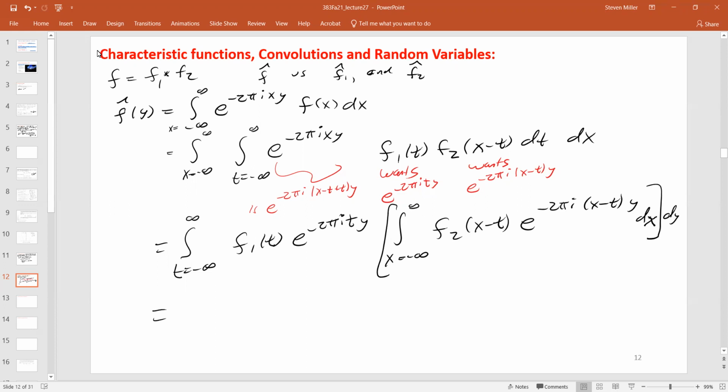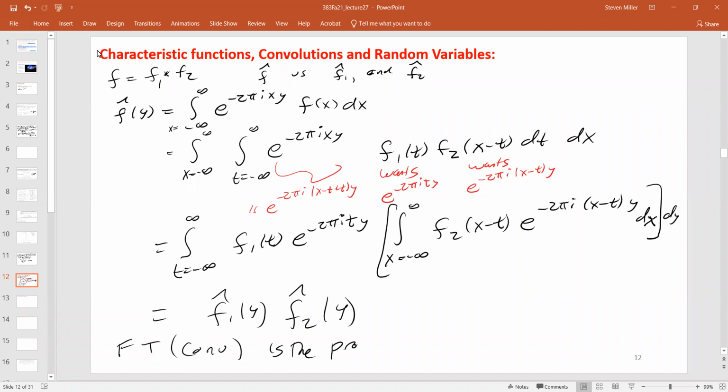What does the x integral give us? Yeah, f2 hat at what point? Nope, that's at y. You just change variables, let u equal x minus t. The second integral is just f2 hat at y. And what's the first integral? f1 hat of y. So the Fourier transform of the convolution is the product of the Fourier transforms. Wow, that's nice.